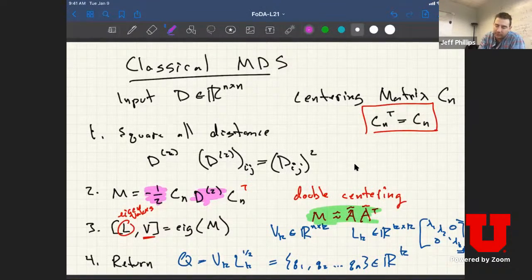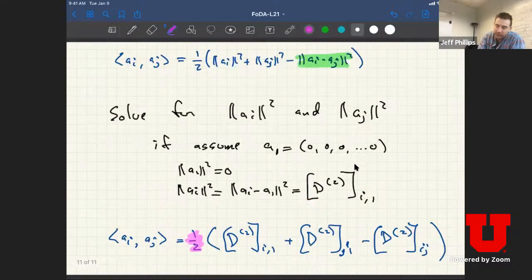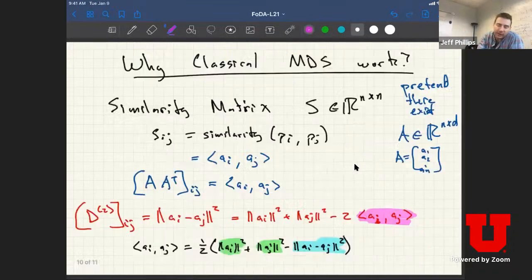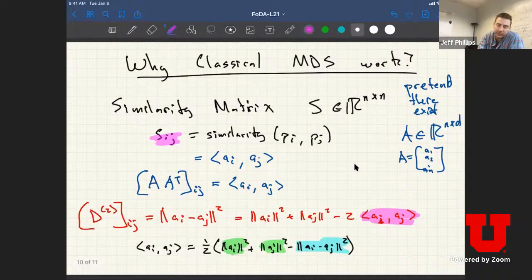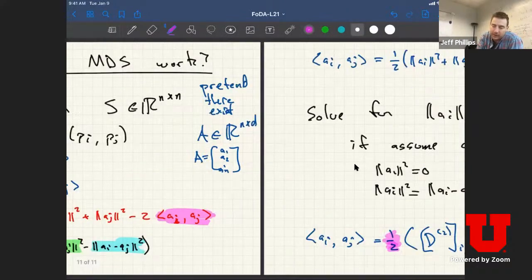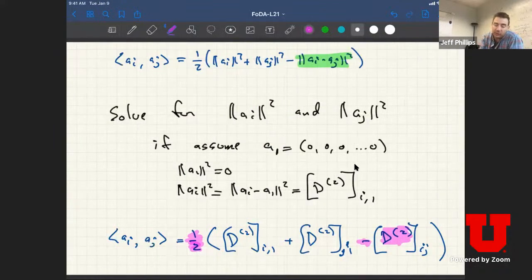That's giving me my AIJ, and if I do this for all the entries, it's going to give me this similarity matrix, which is basically A transpose A, which I can take the eigen decomposition of. Okay, so this basically works, but I made a fairly arbitrary choice that A1 is equal to the origin.